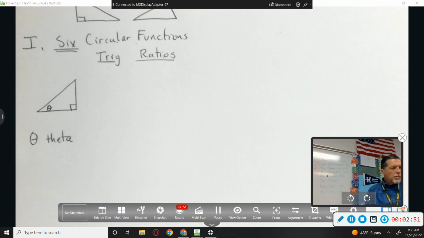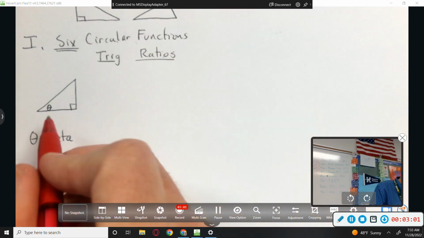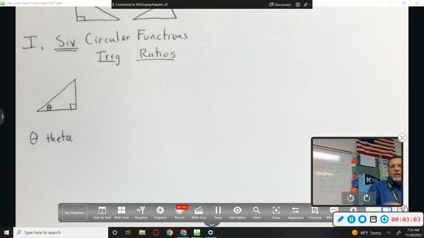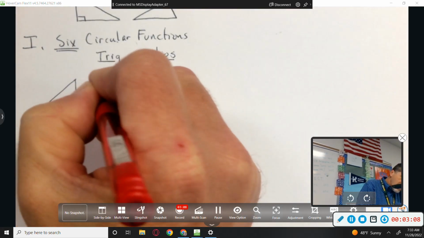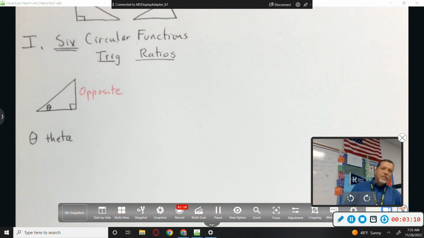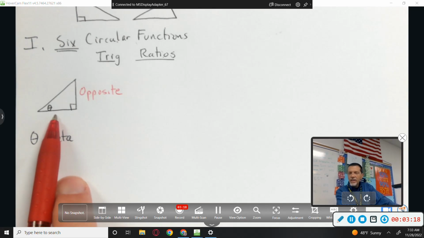And then I want to label my sides relative to that angle. You may not know what that means, but as soon as I say one of them, you'll probably know what the others are. So across from theta, opposite. Because it's on the opposite side of the triangle from the theta. Opposite. Do you remember the fancy word for next to?